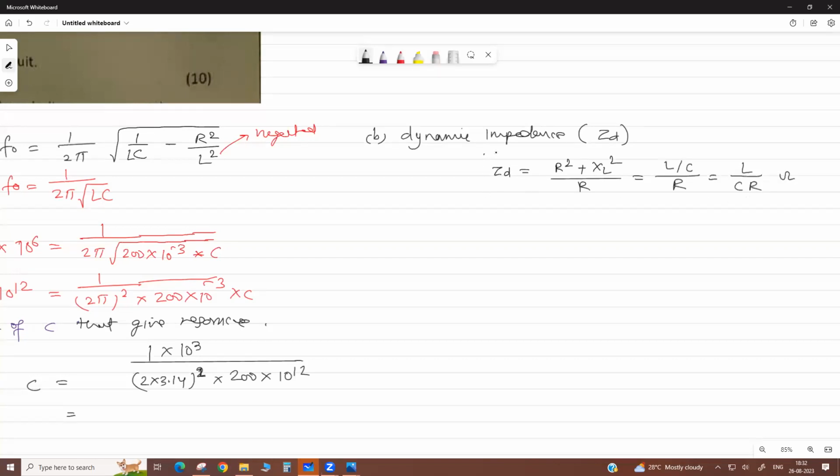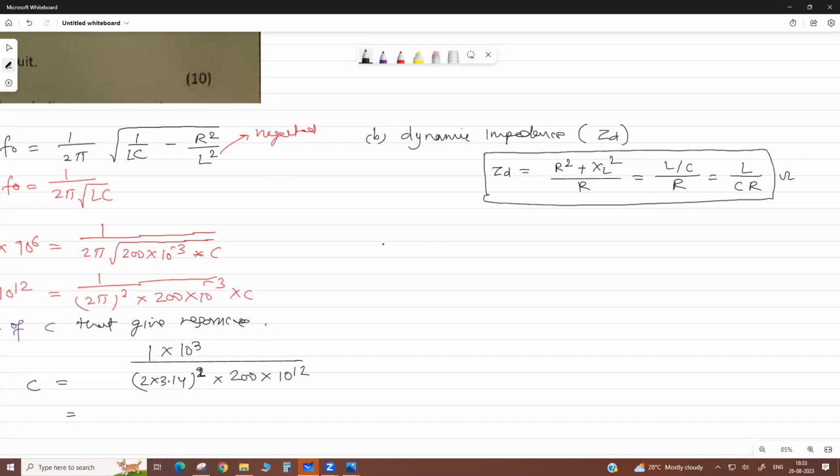Please remember, L by CR is the formula for dynamic impedance. In series only Z equals R, but here it is L by CR.